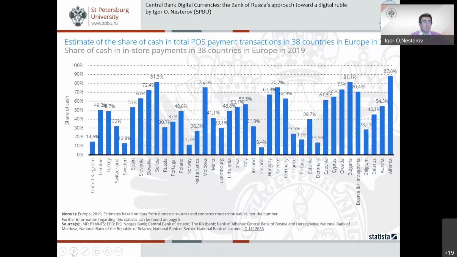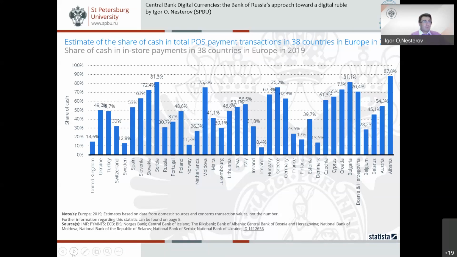Therefore, Russians are already actively using cashless payments. The same story can be observed in the United Kingdom, Switzerland, France, and also in the Scandinavian and Benelux countries.